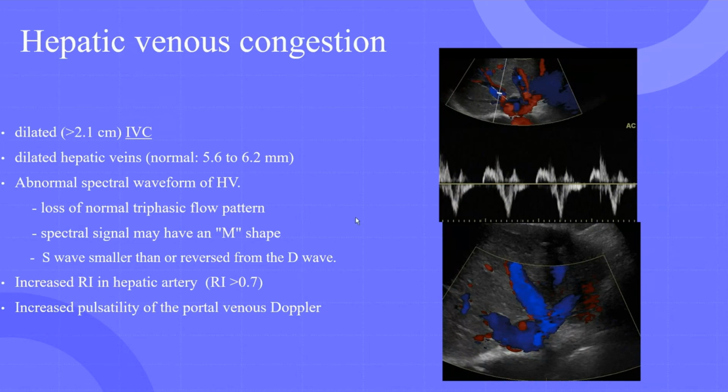On ultrasound, you can see a dilated IVC more than 2.1 cm, dilated hepatic veins, and abnormal spectral waveform of the hepatic vein, with loss of the normal triphasic flow pattern. The spectral signal may have an M shape, with an S wave smaller than or reversed from the D wave. There is increased RI in the hepatic artery and increased pulsatility of the portal venous Doppler.